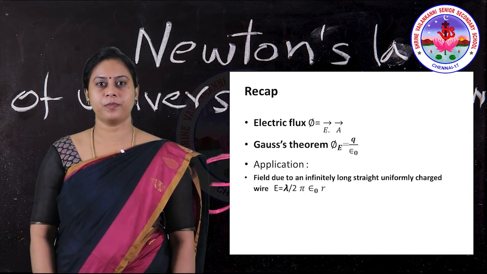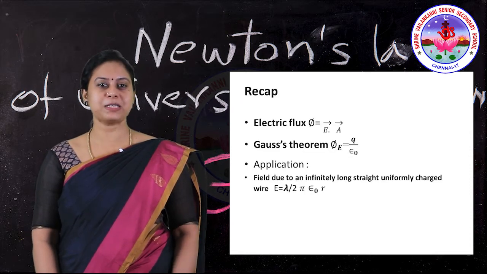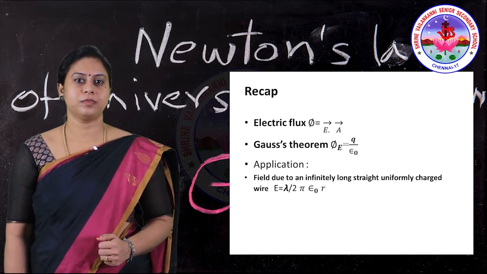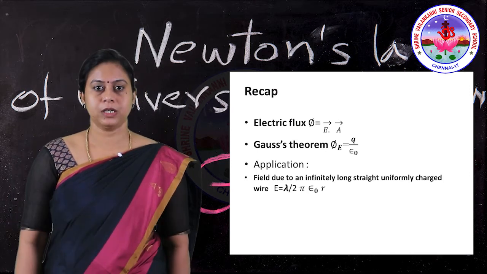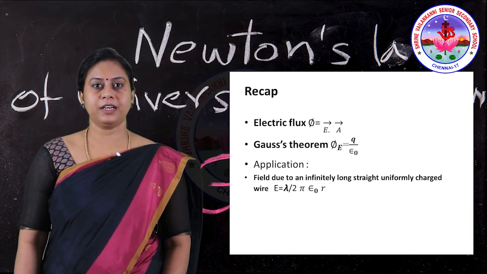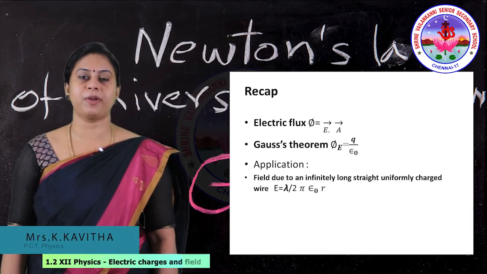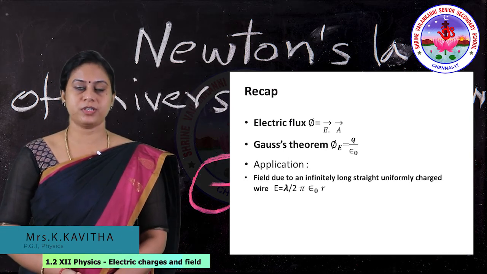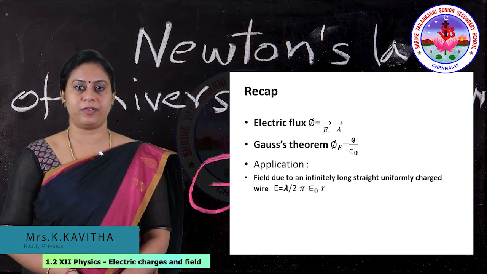Let's recap. Now you can click the pause button and recall it. Now we may click the play button. Now the electric flux, the total number of electric field lines passing normally through an area, phi is equal to E vector dot A vector.